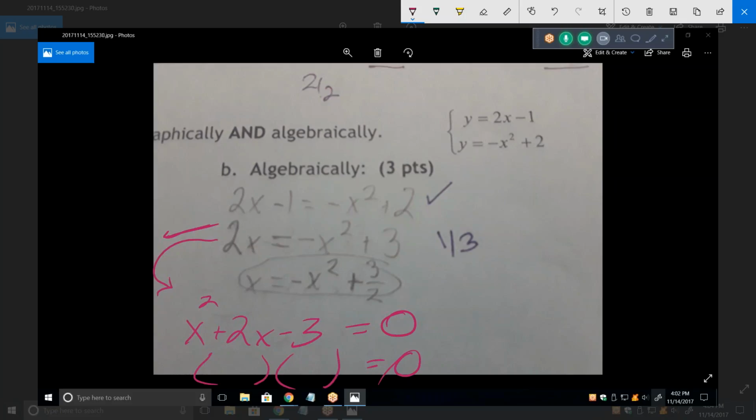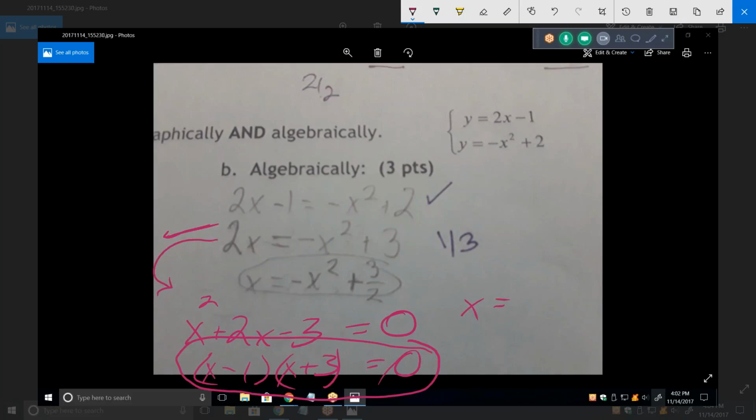So factor it. Factors into what? Negative 1 and 3. So yeah, negative 1. What are the answers? If this is true, what does x have to be?